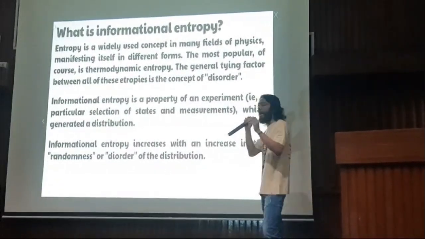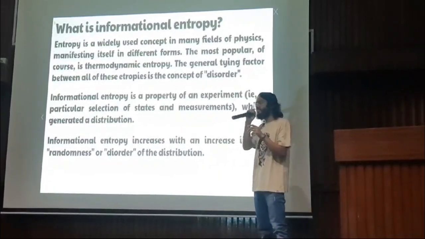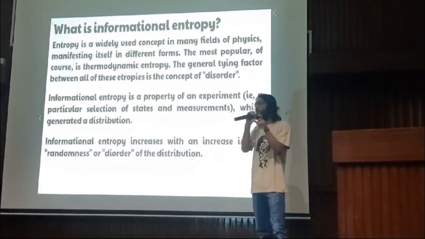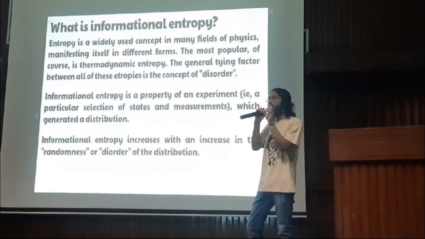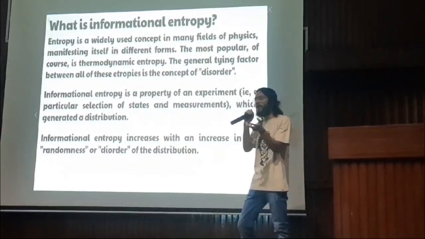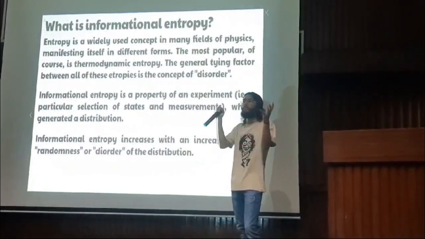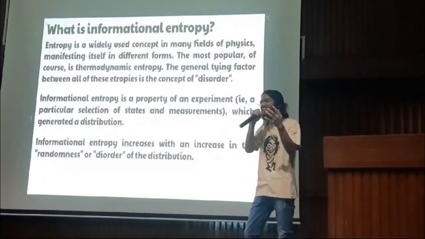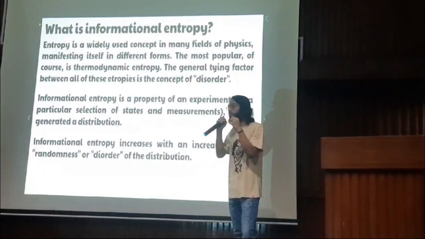But I'll relate this back to the previous example. In the previous example, the likelihood of a particular event happening, let's talk about the rain in Cherrapunji, the probability distribution, let's just call that 99:1. In that case, we call that a low entropy distribution.